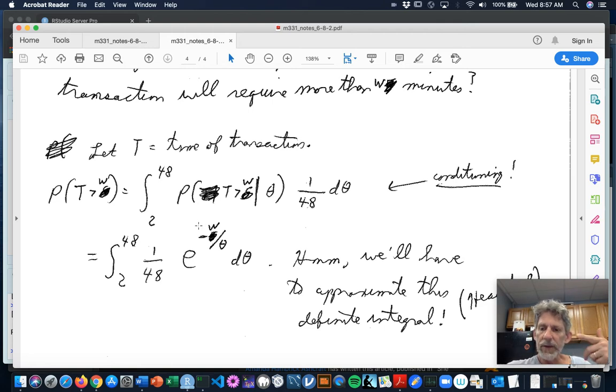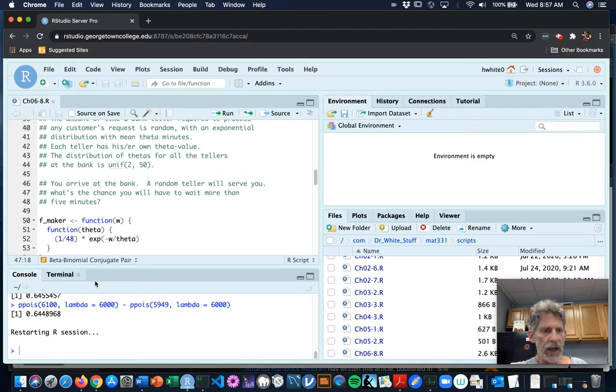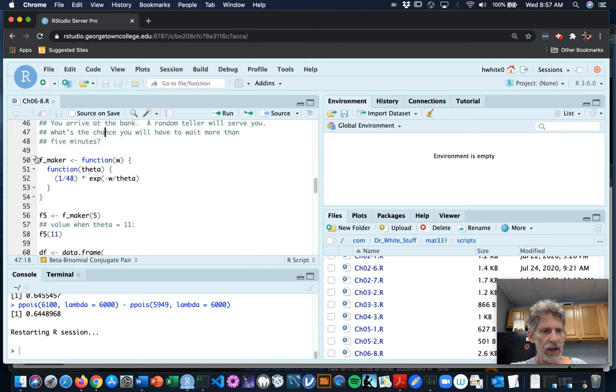So I'm actually going to need to make any function of theta that I want for any w. So how can I make R do that for me easily? I've got right here, I'm constructing a function that I'm going to call fmaker, and it is a function of a variable w.